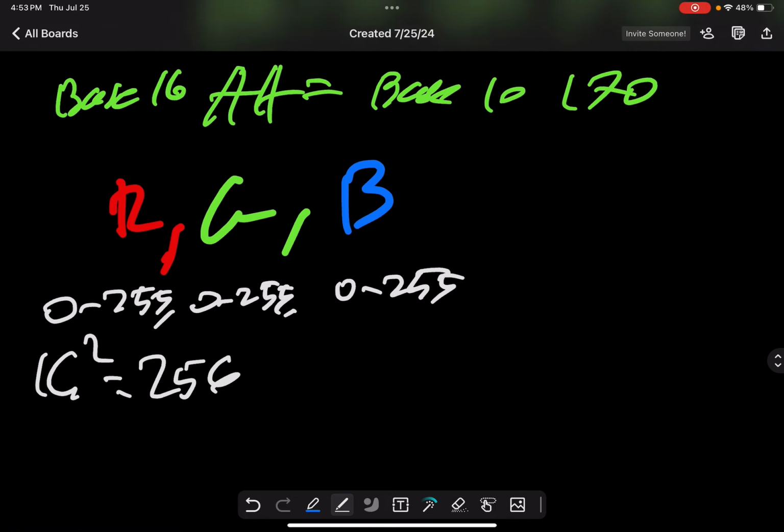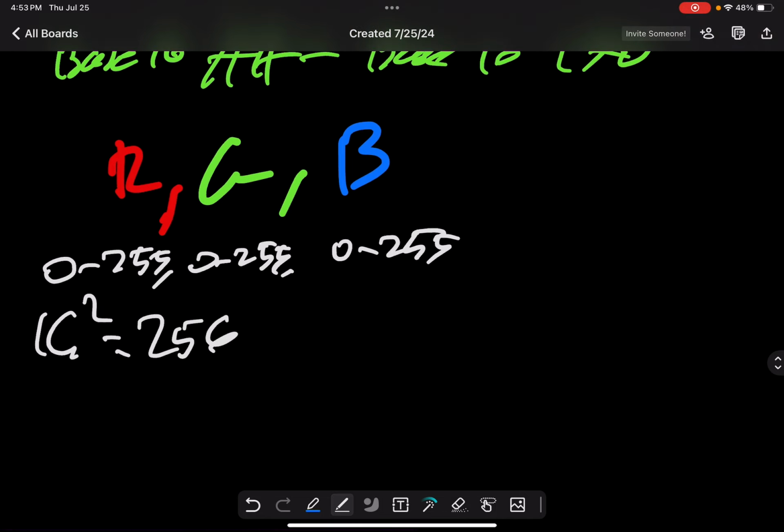And so actually what you can do is represent 255 very close to 16 squared. So it won't have a third placeholder, because 16 squared represents the third placeholder, but it will have a second. And 255 in base 10 is congruent to, congruent meaning basically the same as, FF in hexadecimal.